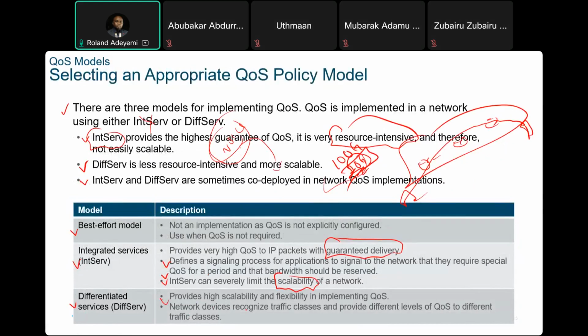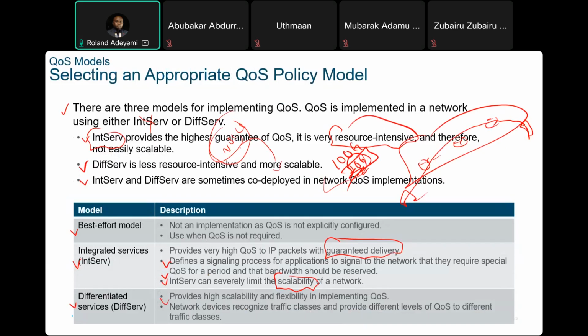It provides high scalability and flexibility in implementing QoS. Network devices recognize traffic classes. Take note of that, traffic classes, and provide different levels of QoS to different traffic classes. We can define different ways of filtering different traffic. We mentioned that in the last class, just that we didn't call it DiffServ.